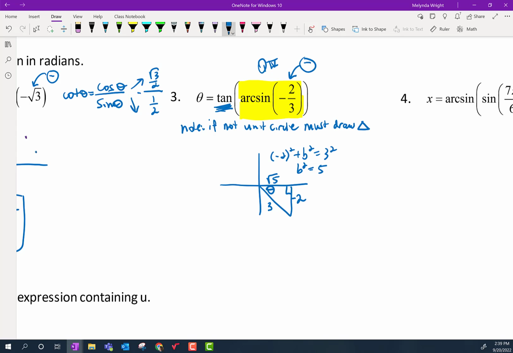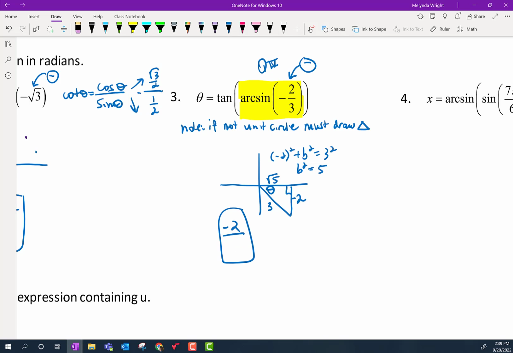This is what this is telling us. All right, and why did we have to do the triangle? Because that's not a unit circle value. Okay, we all together? Okay, so now I'm going to read tangent off of the triangle. Tangent, SOHCAHTOA. Tangent is opposite over adjacent.